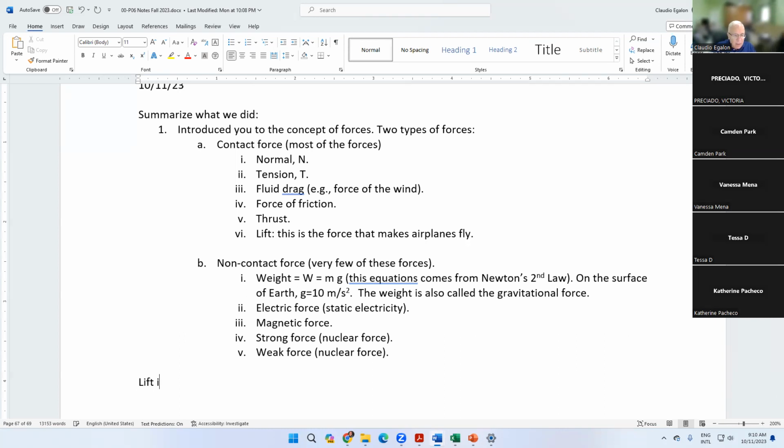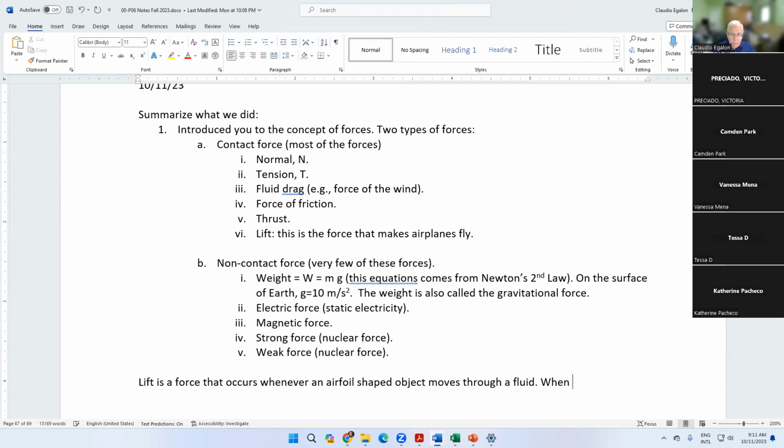Lift, here you go. Lift is a force that occurs whenever an airfoil-shaped object moves through, not just through the air, but through a fluid as well. We can have lift underwater as well, but you have to move in the horizontal direction.